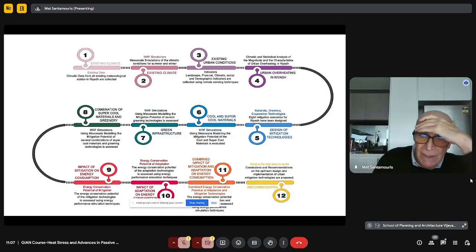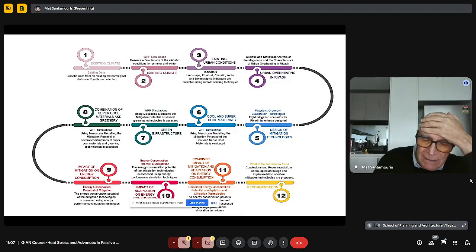Then we have designed the mitigation technologies, and we have really analyzed the main characteristics of the overheating, the sources of the overheating in the city, the reasons behind the overheating, and we understood such an increase of the temperature.